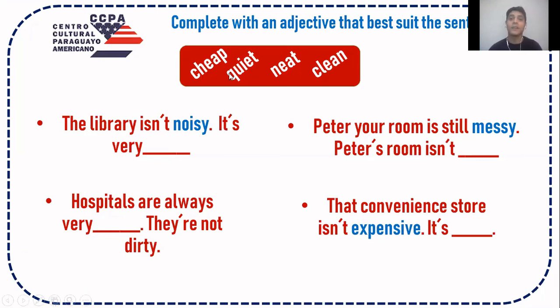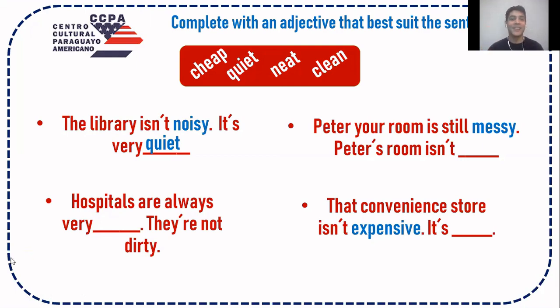Cheap, quiet, neat, or clean? Very good job. The opposite of noisy is quiet. Okay? So in the library, you have to be very quiet in order not to disturb someone else that is paying attention or is very concentrated on reading. Okay? So quiet in a library.